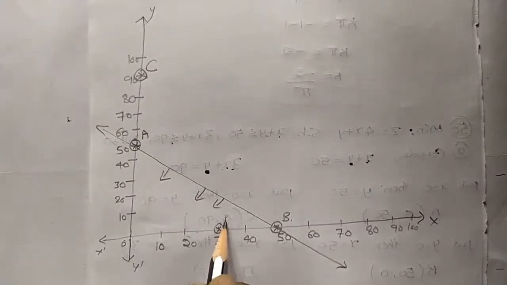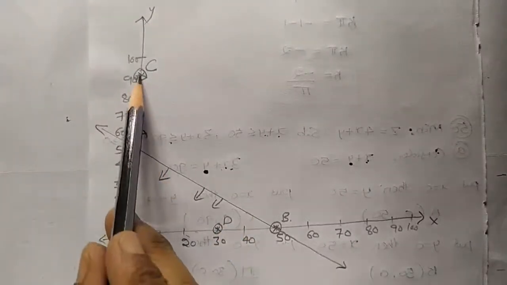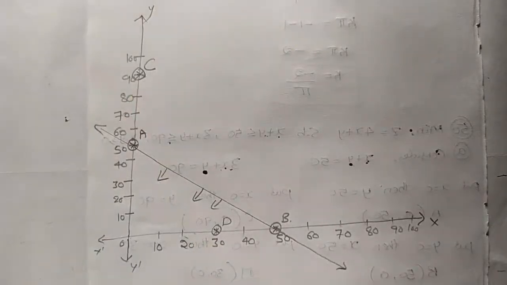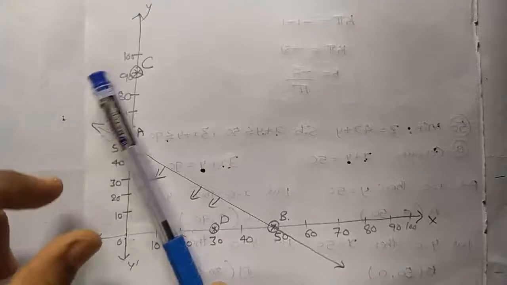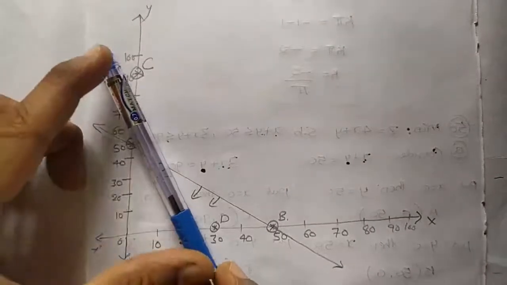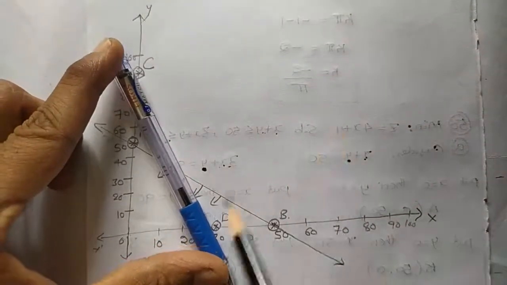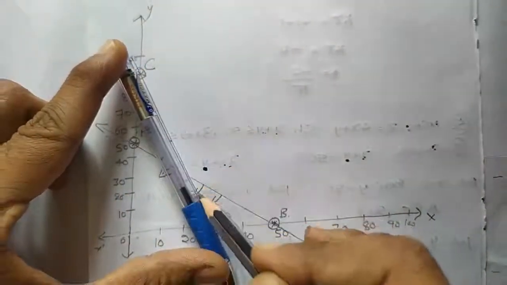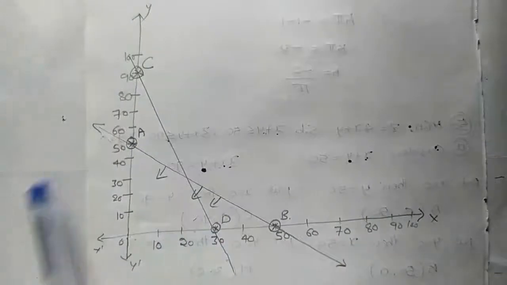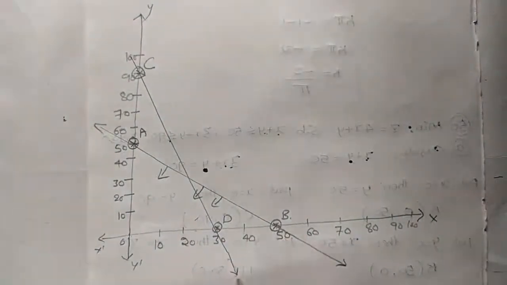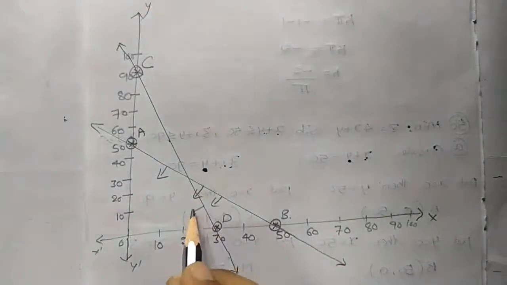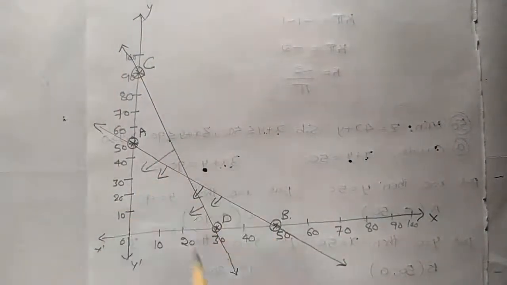It is a point D. Now join C and D by using a scale. It also gives true, which means towards the origin.